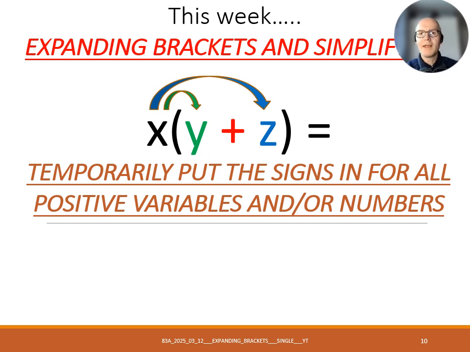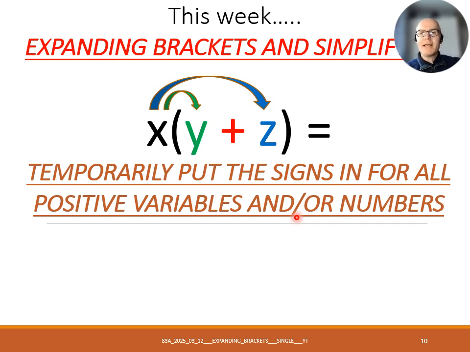Okay, so this is the method that I use, and I'm suggesting you use also. I'm suggesting that you temporarily put the signs in for all the positive variables and or numbers.